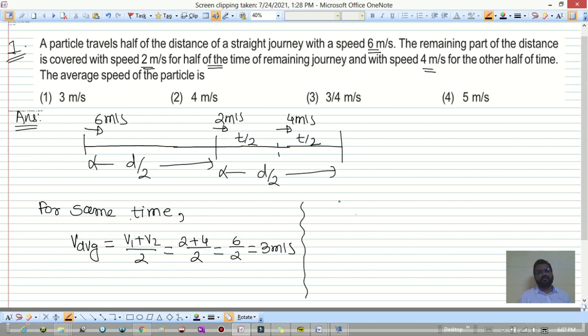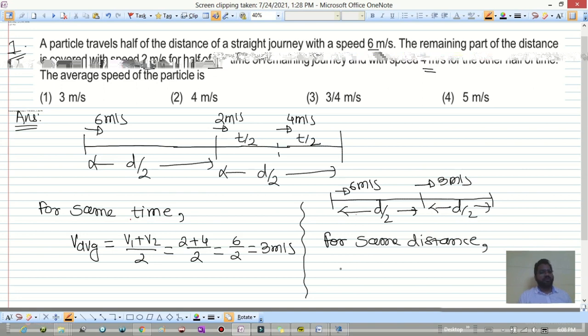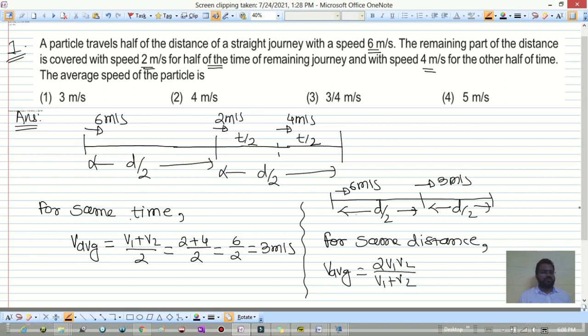That indicates he has travelled d by 2 with a speed of 6 meter per second and the other d by 2 with a speed of 3 meter per second. Now here the distance is the same. So for the same distance, the average speed is equal to 2 v1 v2 divided by v1 plus v2.